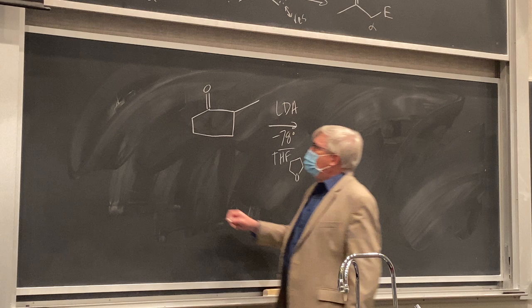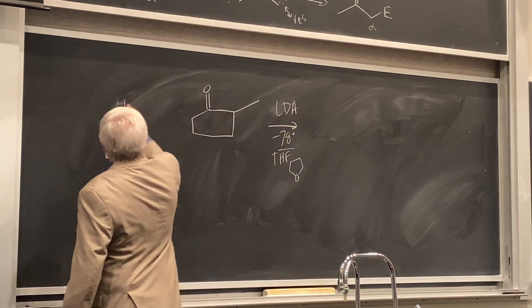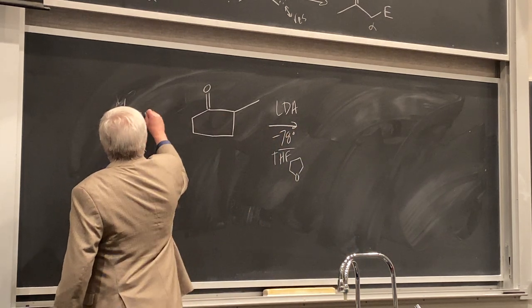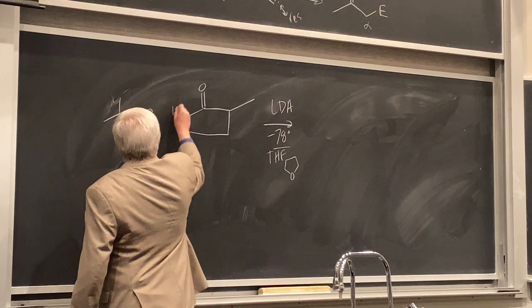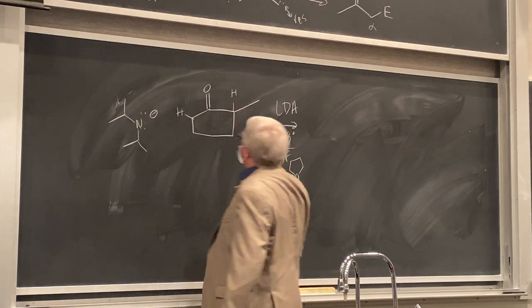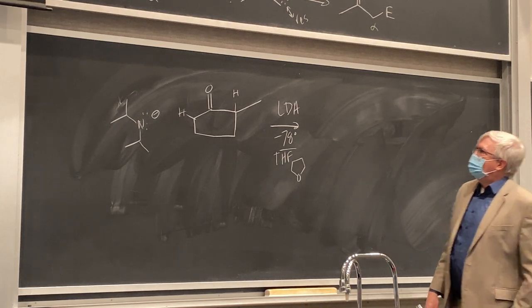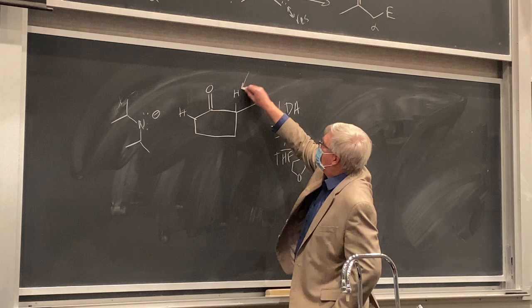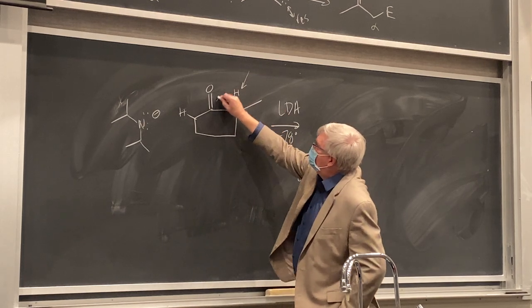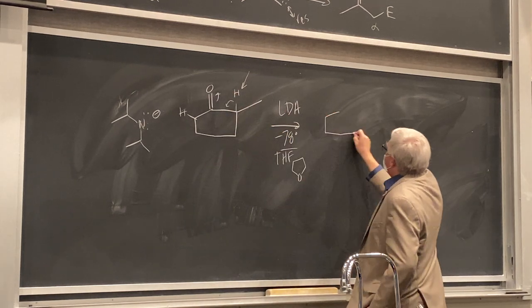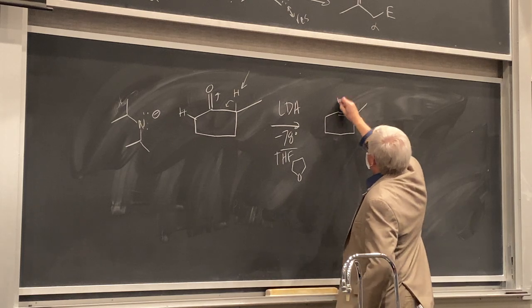So if we use LDA here, you have the two isopropyls, negative charge. We have two hydrogens we could possibly remove here. We could form two different enolates, right? Let's see. What if we pull this proton here? Well, we'd form this enolate, okay? And that would be one.